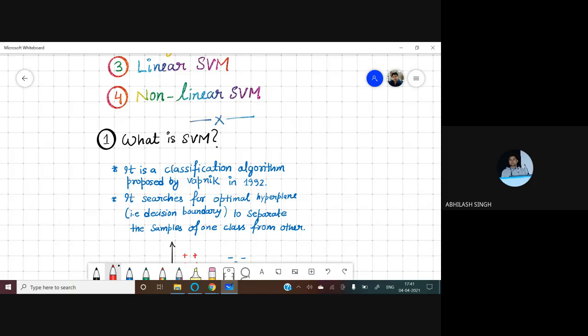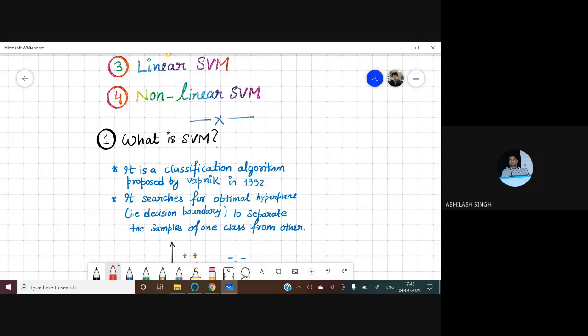SVM has its root in this paper, and from that time this algorithm became very popular. Till date it has been used exhaustively for classification, and a counterpart was also developed for regression, that is support vector regression. We will not talk about support vector regression in this lecture. We will only focus on the classification part.